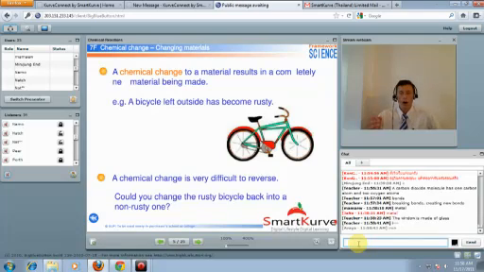So I want a complete sentence. Tell me about the material of the bicycle, and use the form that I have here. Use the same form I just used.